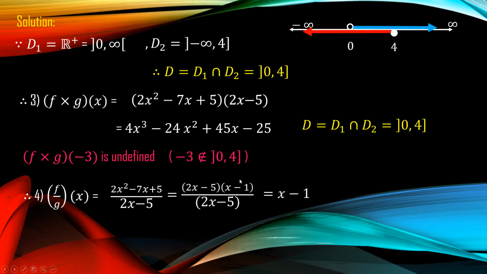In the simplest form, it is equal to x minus 1. And the domain of this function is the semi-open interval 0 to 4, minus the set of 5 over 2, which is the zero of the denominator before reducing. f over g of 1 equals 1 minus 1 equals 0.